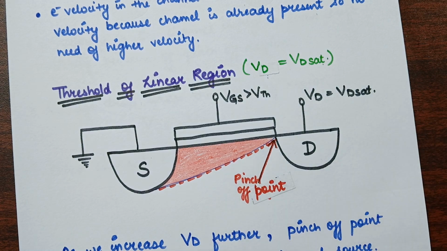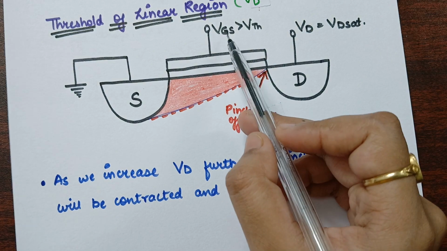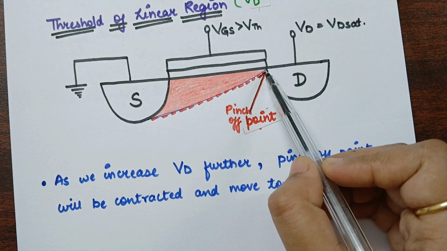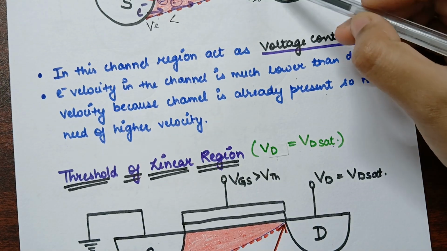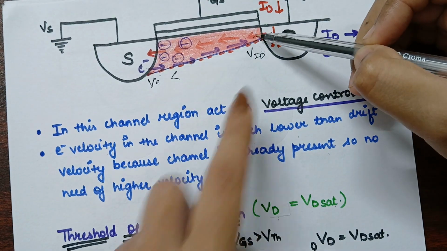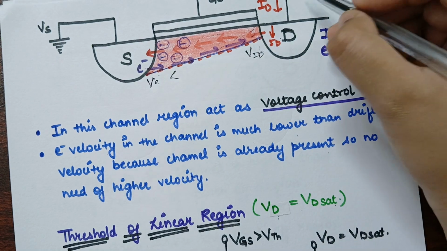So what you will observe here is that as we increase this VD value, this region, where previously the inversion layer is present over here, will keep on decreasing. Why will it keep on decreasing?